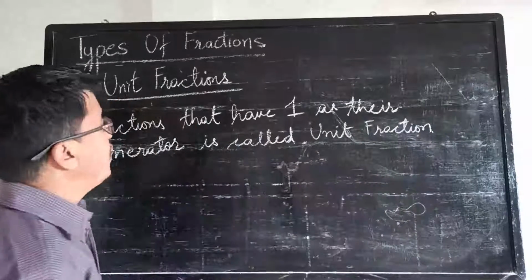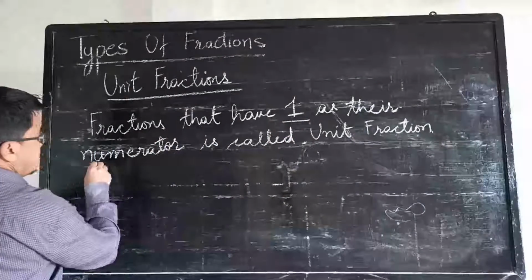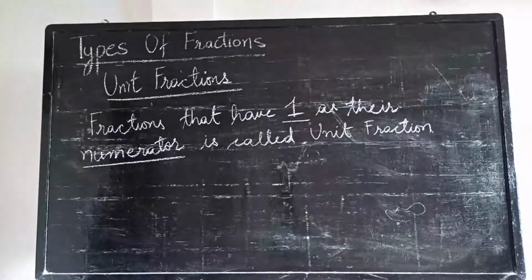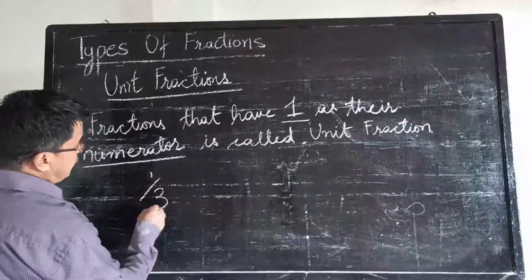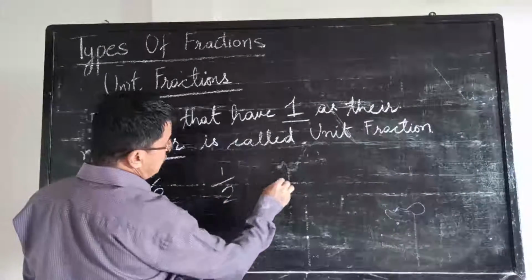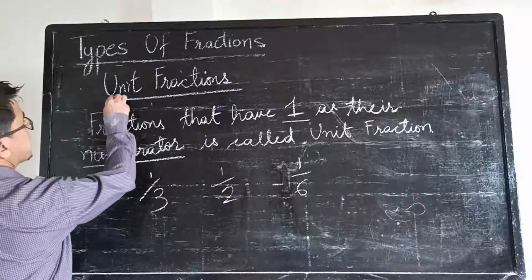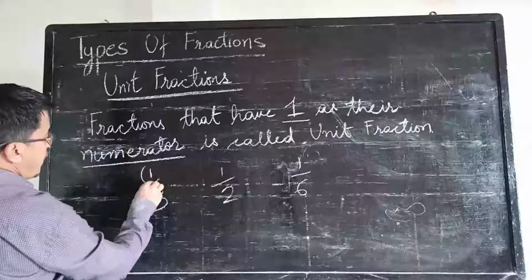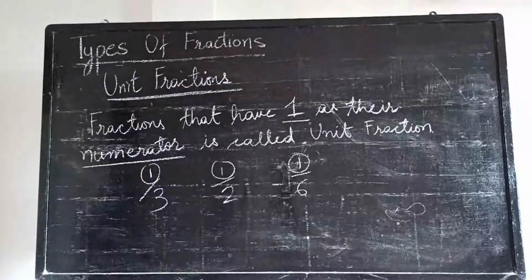So the fractions that have 1 as their numerator are called unit fractions. Now supposing 1 upon 3, 1 upon 2, 1 upon 6. Which fraction is this? This is a unit fraction. Why? Because they have got 1 as the numerator. So the fraction that has got 1 as the numerator is called a unit fraction.